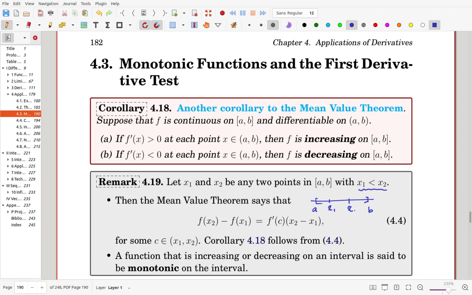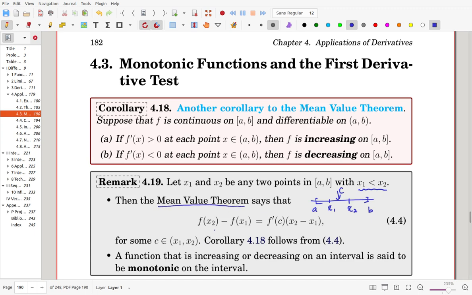Then there must be a point c between x1 and x2 such that f of x2 minus f of x1, divided by x2 minus x1, is the same as f prime at c. That is the mean value theorem.